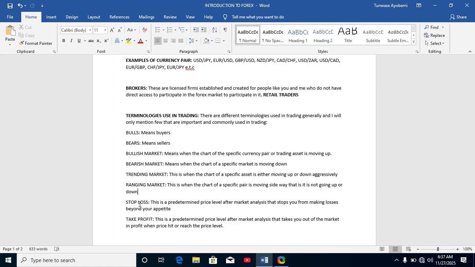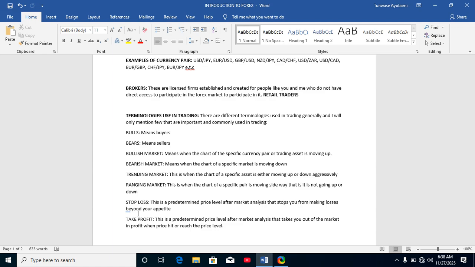Let's say you put $100 into it, and you want to buy, say, Euro USD. From our last class, you should know that when we say you want to buy Euro USD, it means that you are predicting that the euro is going to increase in price more than the US dollar. So that means the US dollar is going to fall while the euro is going to go up. That's what you are predicting.